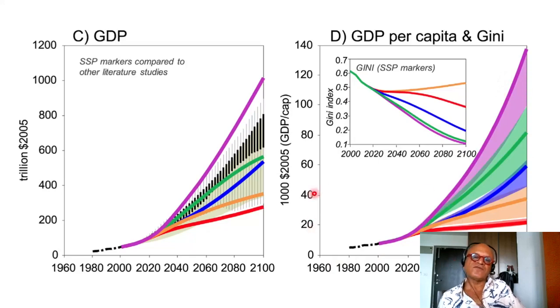The range of GDP per capita, thousands of US dollars pegged to 2005, is also very low in some scenarios. These are marker and non-marker ranges, so the colors are ranges, and you can see per capita GDP can be high, but it may come with lots of fossil fuel use, including coal, whereas here you have low per capita GDP.